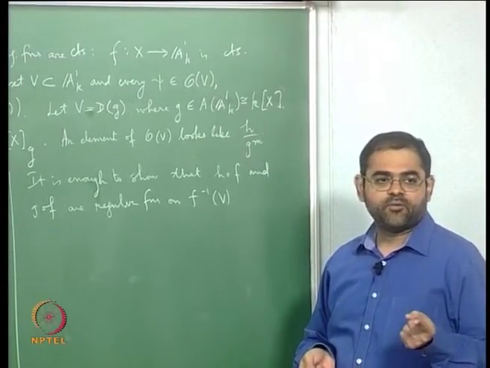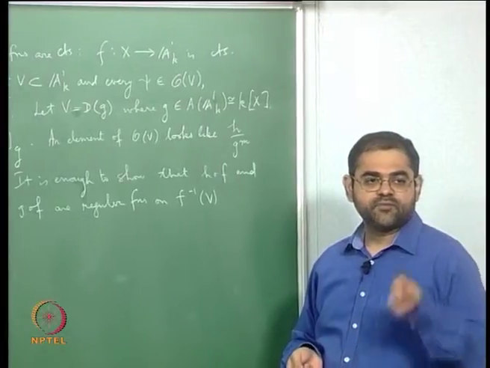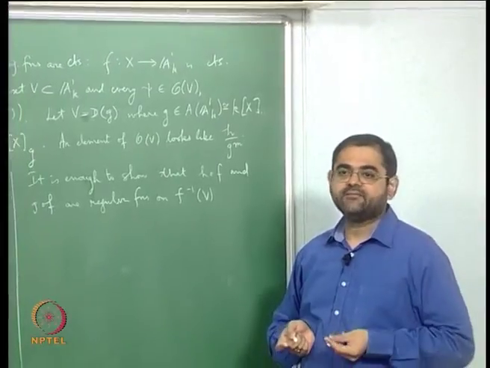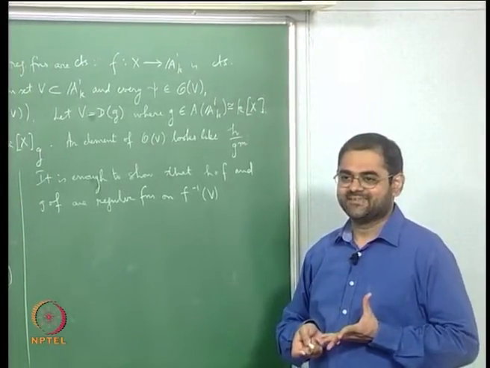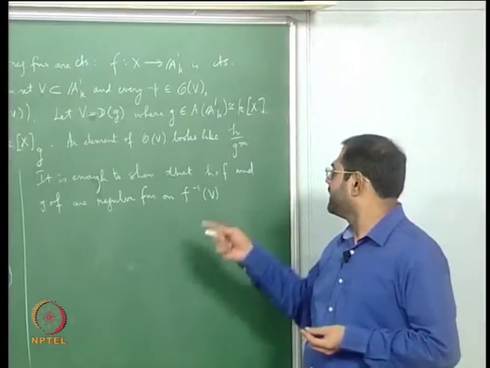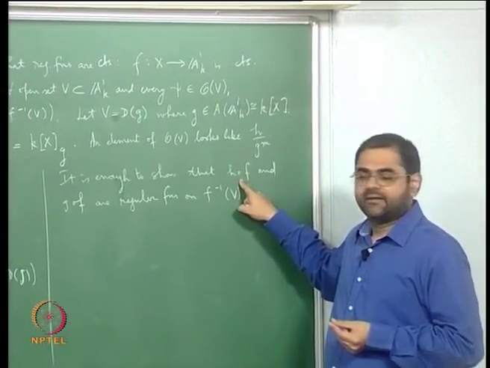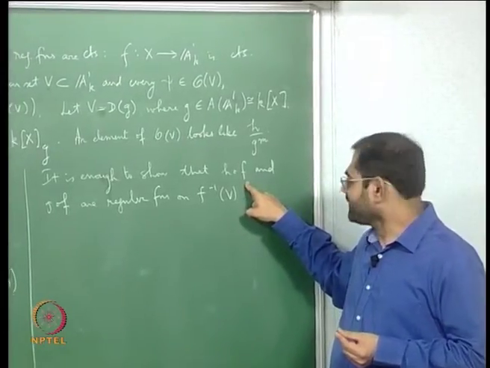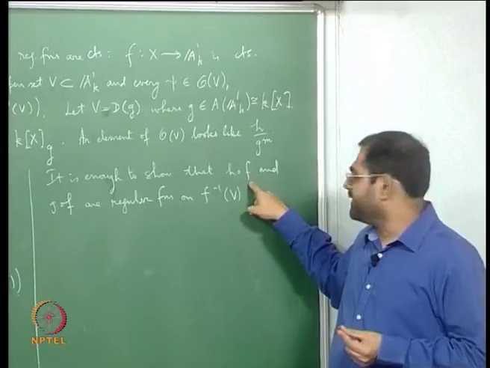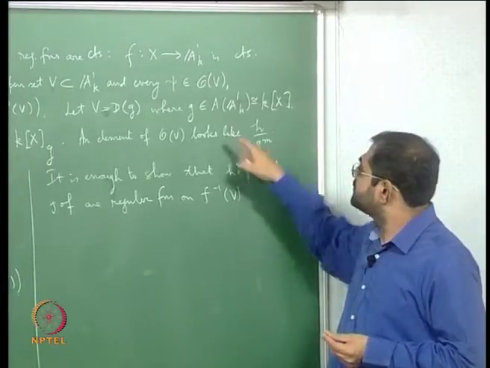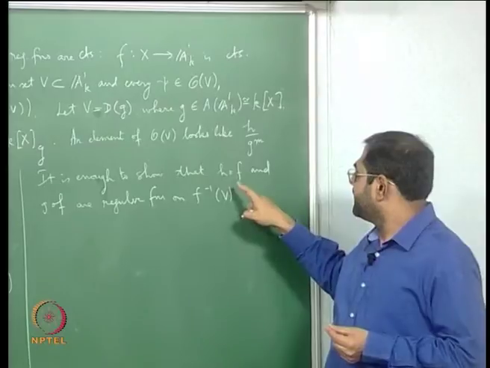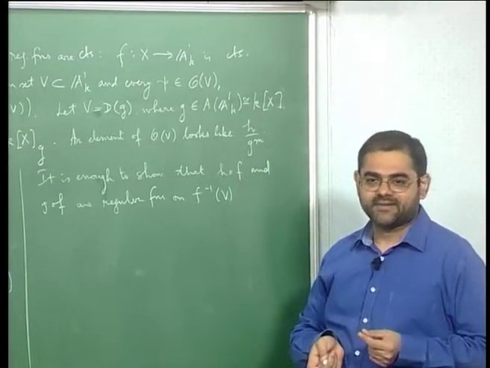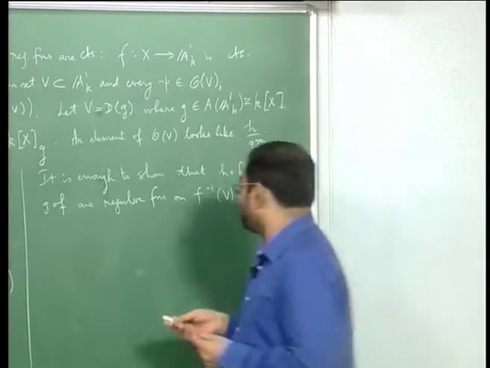When I take a polynomial in one variable, and substitute for that variable another polynomial in some m variables, the resulting thing will again be a polynomial in m variables. It is obvious. Therefore the moral of the story is that since f is locally a quotient of polynomials, h circle f is also locally a quotient of polynomials on x, okay. So let me write that down.